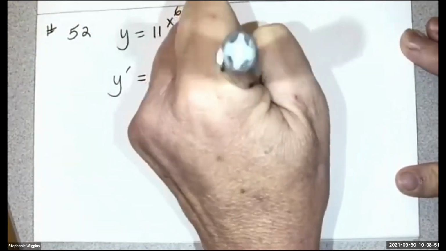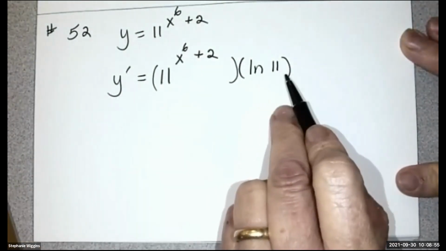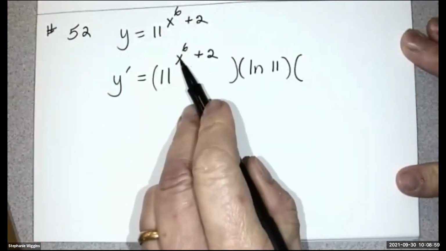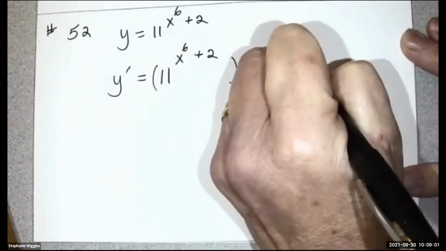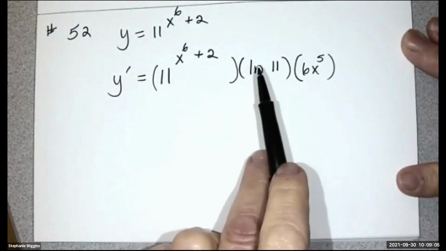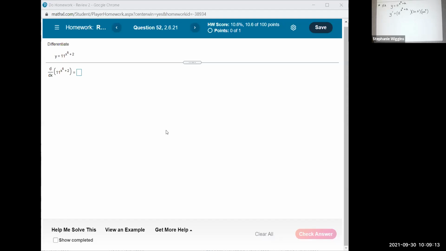In this case, the base underneath the variable is 11. So you multiply by the natural log of 11. And then step 3 is to multiply by the derivative of your exponent, which is 6x to the 5th. So those are the 3 steps. Step 1, step 2, step 3. Make sure you know how to do those. But first, you have to identify that it's an exponential function.